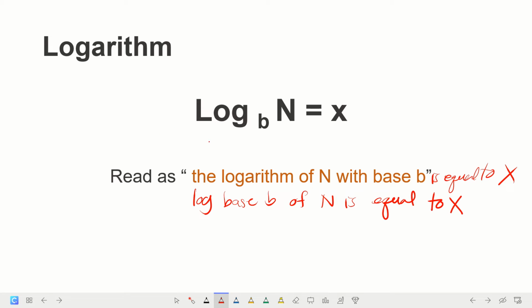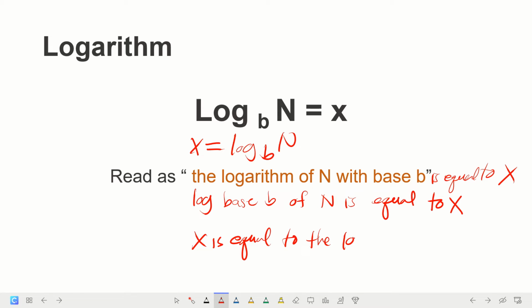Or if the equation is written in this manner, you can read it as x is equal to the logarithm of n to the base b.